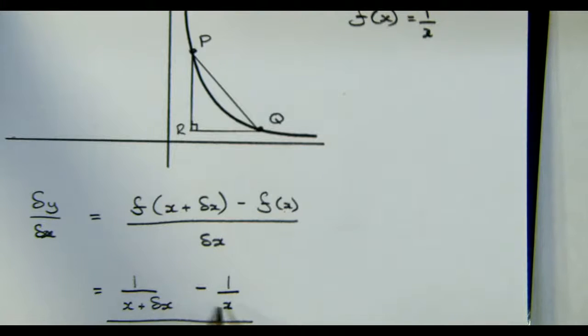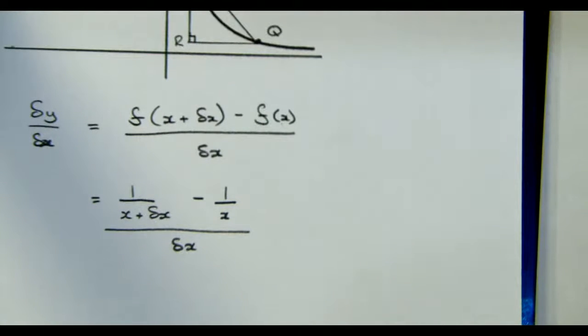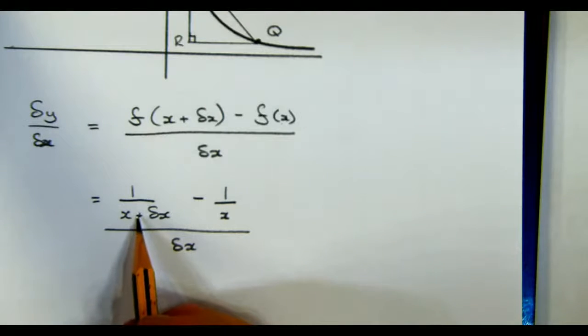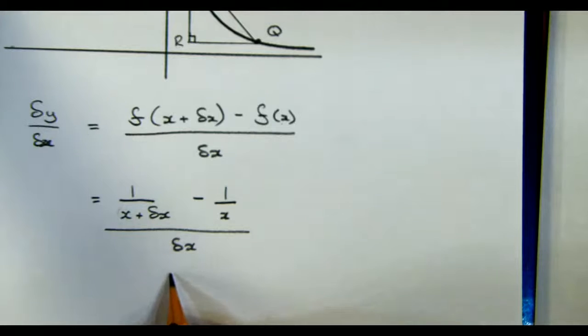Let's now subtract these, and I want to try and get some common factor here, and that's going to be x times x plus delta x.